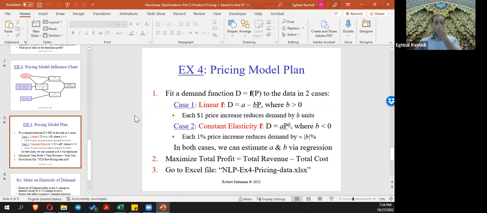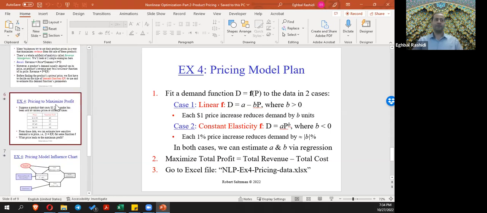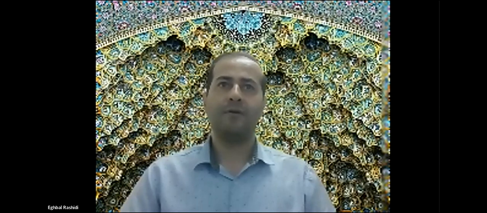So let's do that. Let's model this problem using just these few data that we have in Excel. There is an example for both the data and the done version that I have uploaded in Excel.